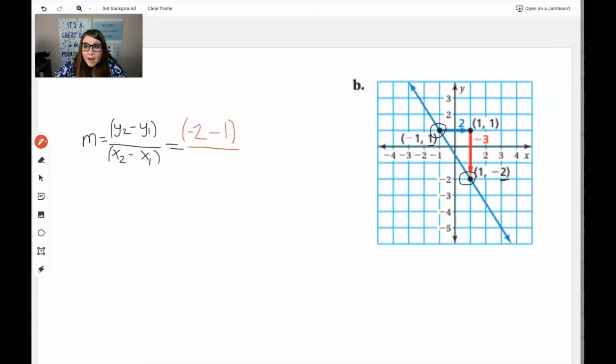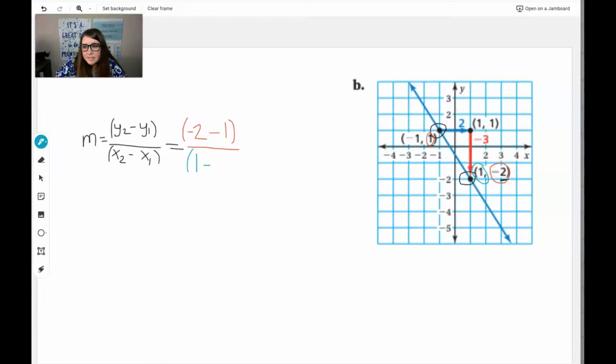So there's my y values right here, y2, y1. Now on the second point, my x value is 1. So I'm going to put a 1 here.